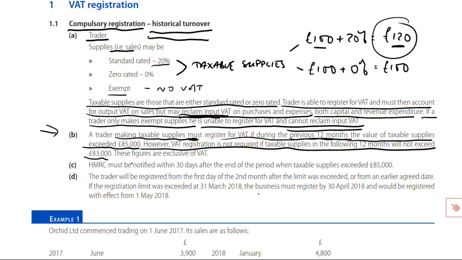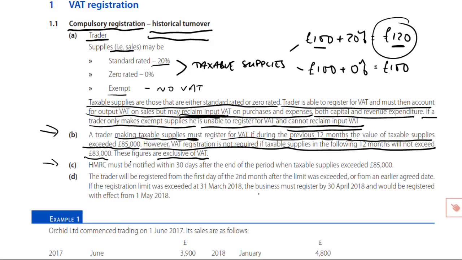The figures we're talking about here are exclusive of VAT. So we count through month by month to determine, within any period of 12 months, the first occasion that by this month end we have exceeded £85,000. If so, when must we notify and when will we be registered with effect from?